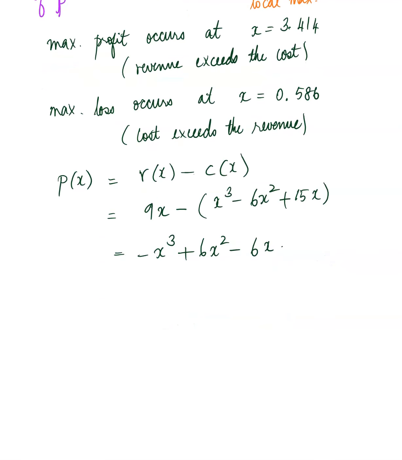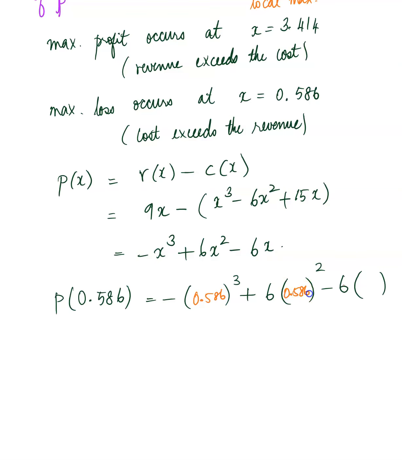Now we can find the profit. The maximum loss is estimated to be at 0.586. Let's go ahead and check that out, and see if that's the case. Of course, use your calculator. This answer computes out to be negative 1.65653.